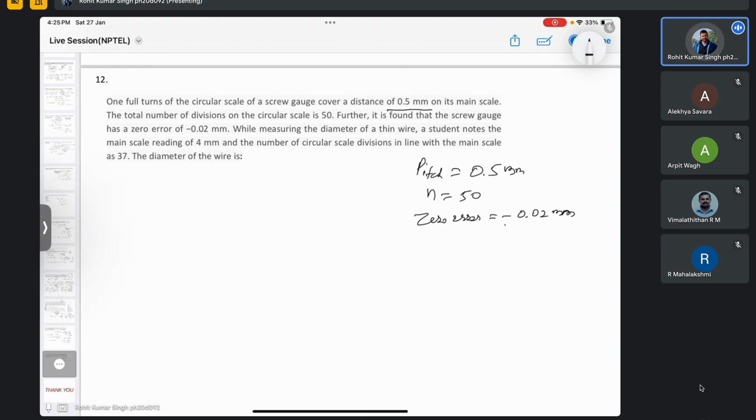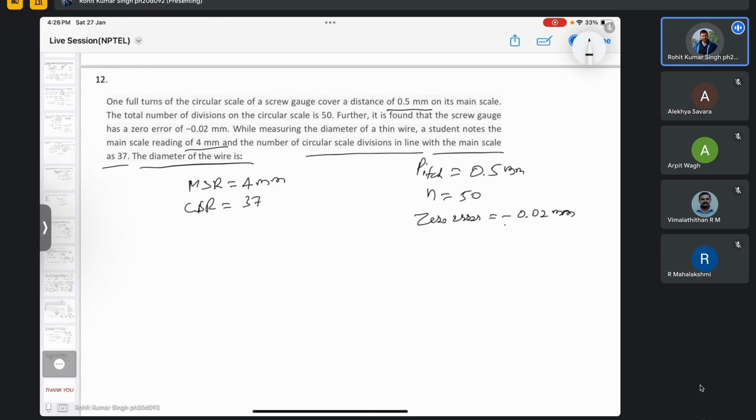While measuring the diameter of a thin wire, a student notes a main scale reading of 4 mm, and the number of circular scale divisions in line with the main scale is 37. So main scale reading is 4 mm, circular scale reading is 37.